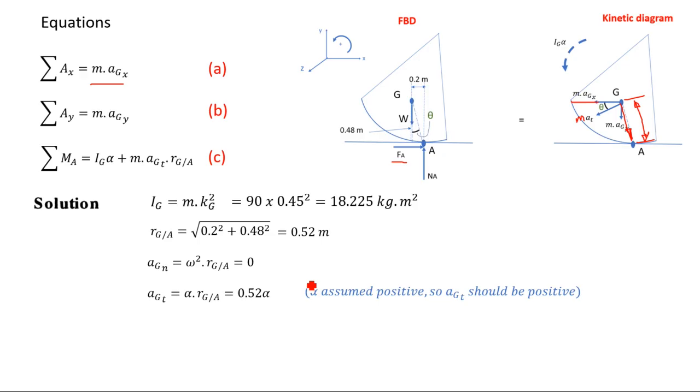Now the tangential one is going to be alpha multiplied by r_GA. And this will give me that a_Gt is equal to 0.52 alpha. We're going to assume that alpha is positive, which means going in that direction, and thus a_Gt should be positive as well.